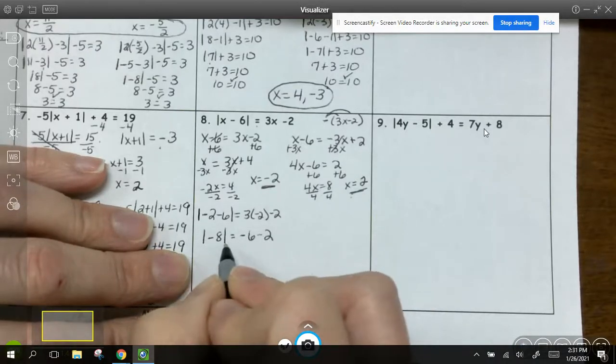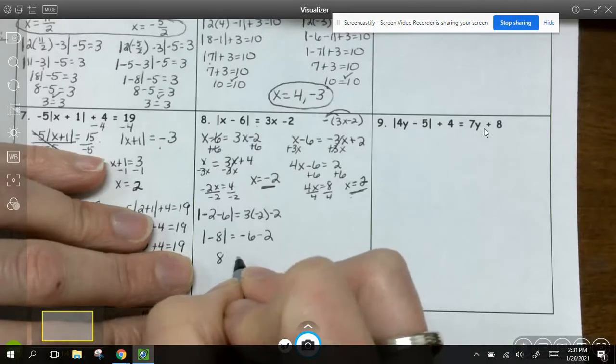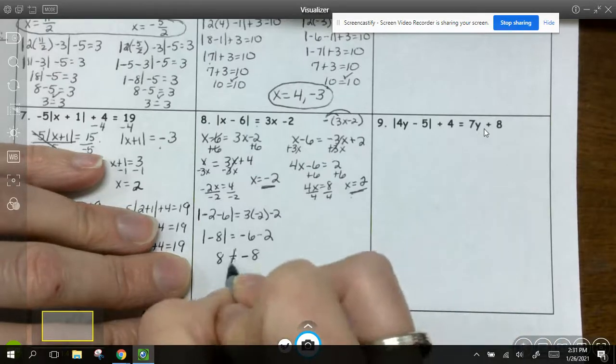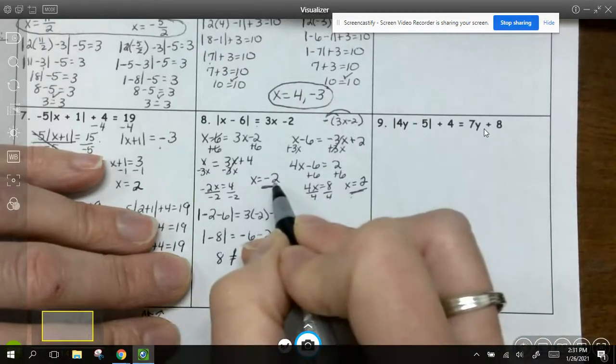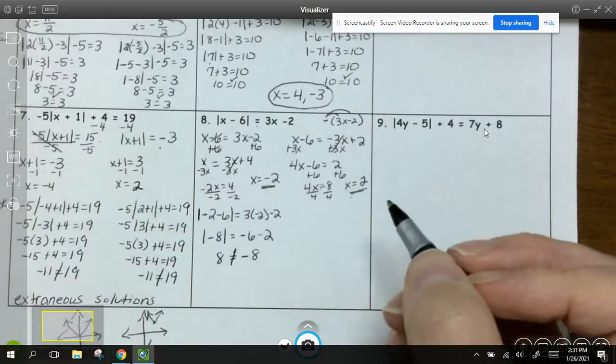The absolute value of negative 8 is 8. And negative 6 minus 2 is negative 8. Those two things don't equal each other. So x equals negative 2 is not part of my solution. That's not one of the ones that works.